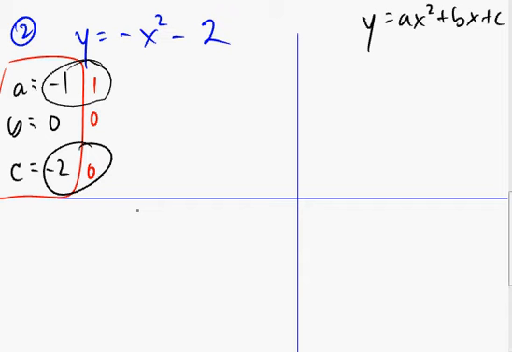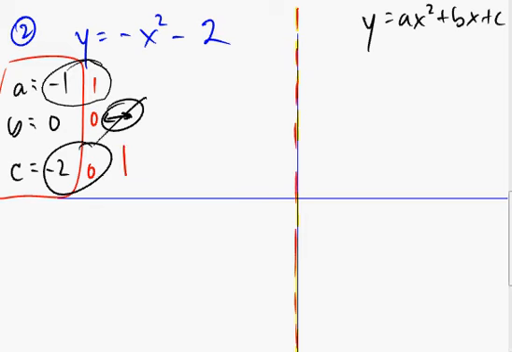Okay, it changes the direction. Does it move it diagonally, or what does it do? What direction? Side to side, okay. So, it didn't move side to side, right? Which means the axis of symmetry is still right here. Can you see that?